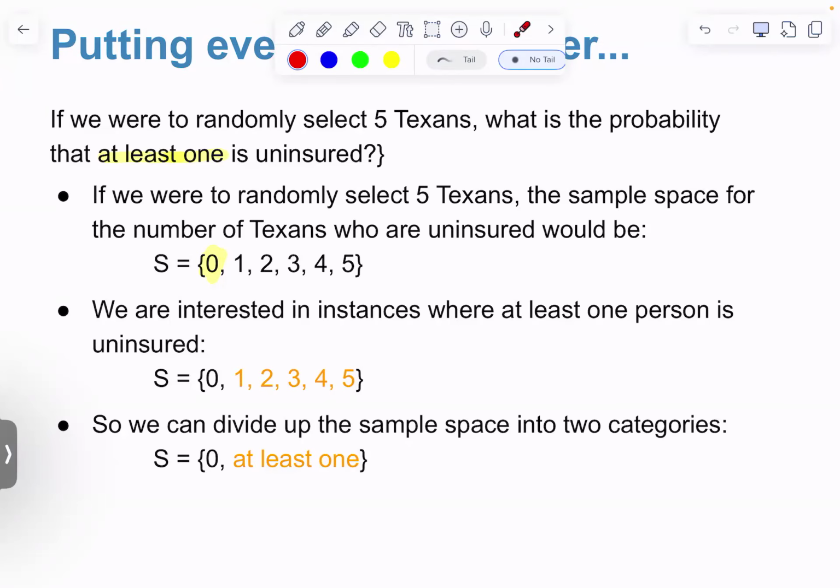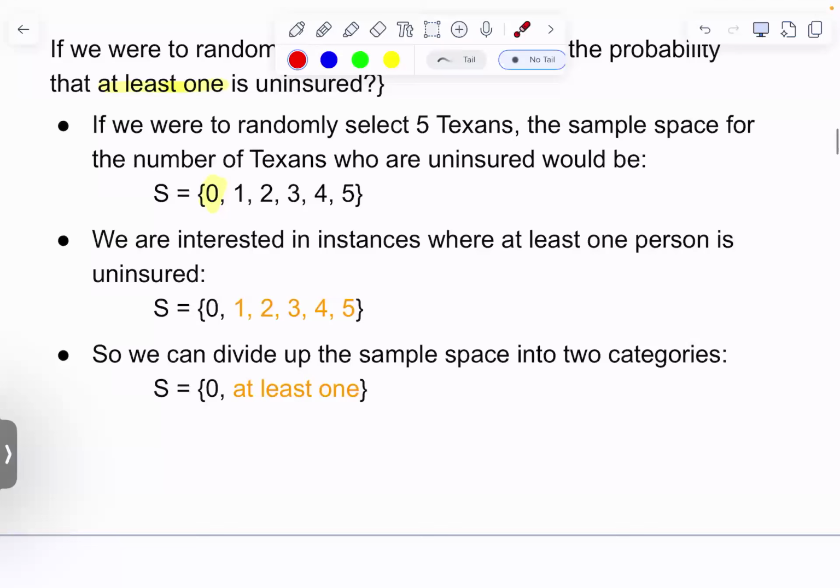Those are all satisfying the at least one criteria. So what we can do is just lump them up into at least one. Now what does this look like? This looks like a complement situation.